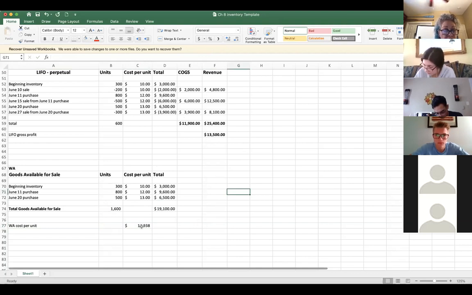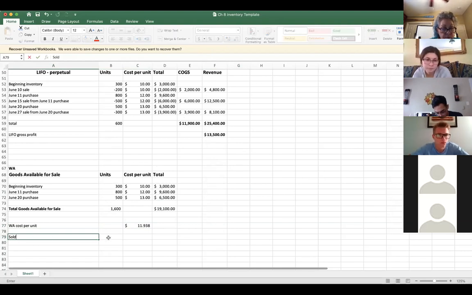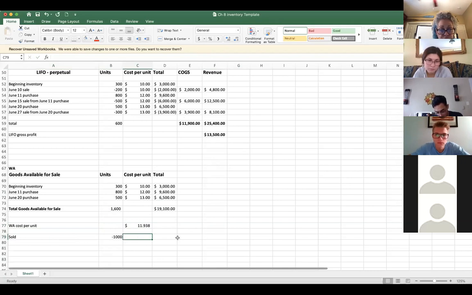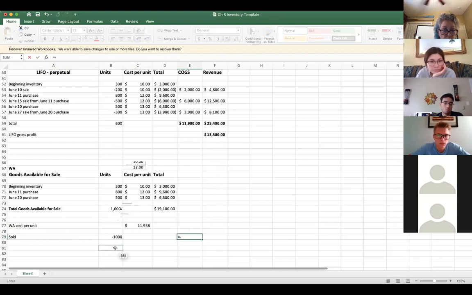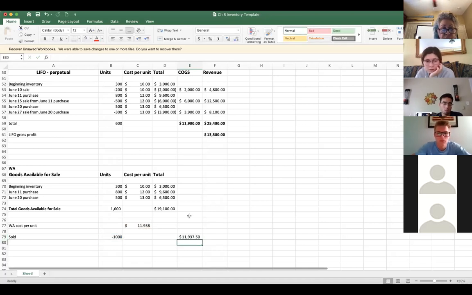So that is my weighted average cost per unit. I sold 1,000 units. So my cost of goods sold is going to equal the 1,000 units times the weighted average cost per unit.